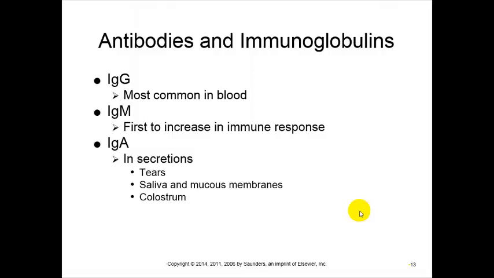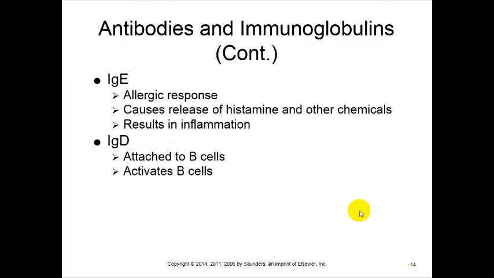Then we have IgA, which we find in the tears, the saliva, mucous membranes, and the colostrum. Okay, so we see in a lot of secretions, small amounts of IgA. Then we have IgE, which is going to stimulate histamine and other chemicals, and we also see it in lots of allergic responses, and it's going to have the ultimate result of inflammation.